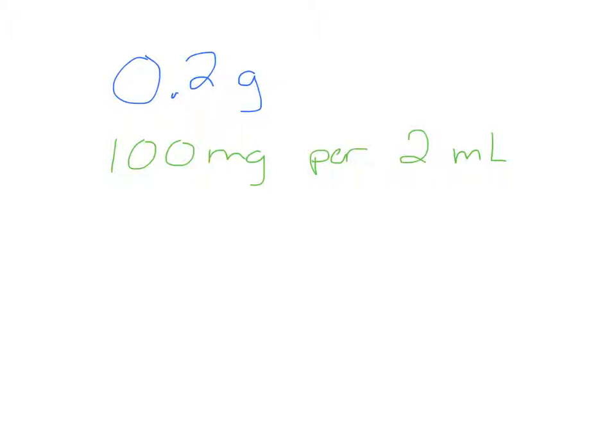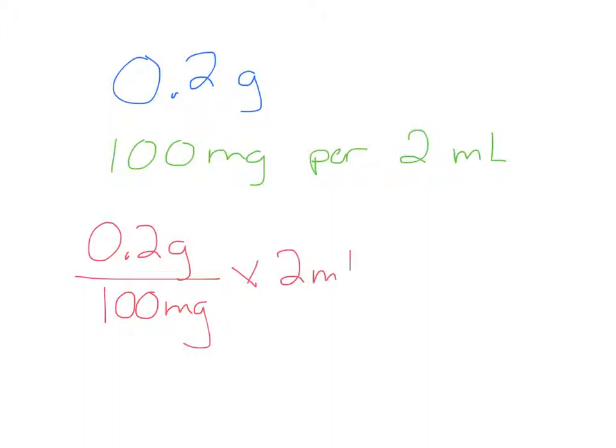So setting up D over H times Q again. What this looks like, if I'm going to write this on here, D over H times Q is 0.2 grams. H is 100 milligrams, and my quantity is 2 milliliters. But once again, I have two different units in the D and H positions. So I need to get it to where they are the same.